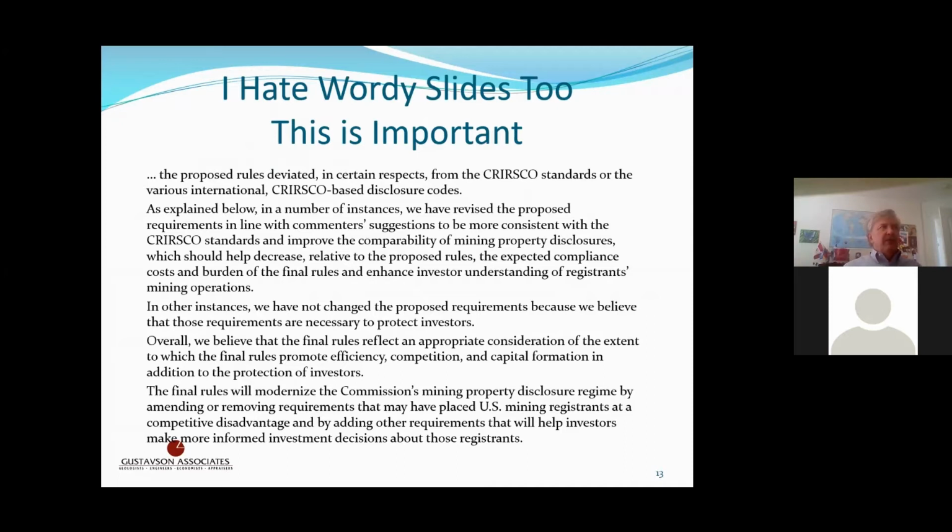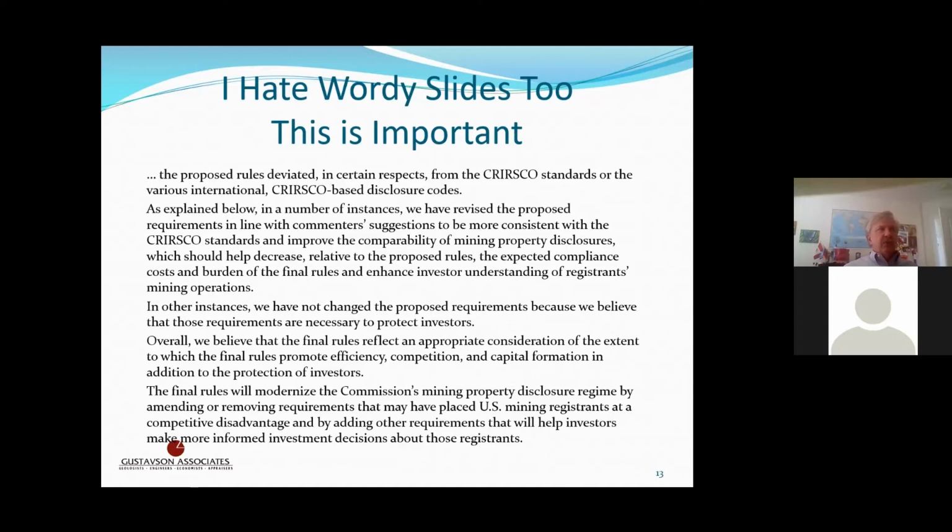This should help decrease the expected compliance costs and the burden of the final rules. In other instances, we have not changed the proposed requirements because we believe that those requirements are necessary to protect investors. Overall, we believe the final rules reflect an appropriate consideration of the extent to which the final rules promote efficiency, competition, and capital formation.